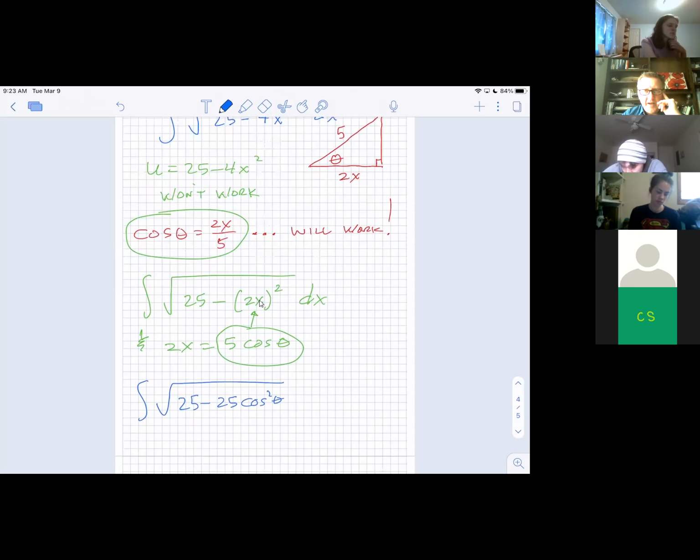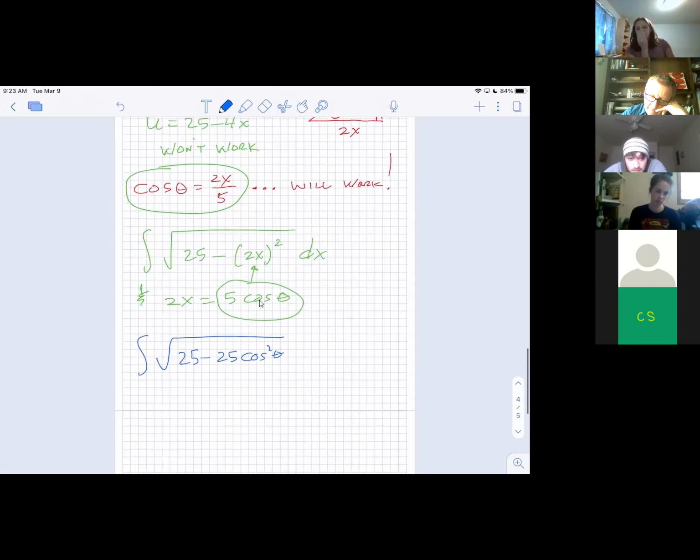What's happening is exactly what happened in the last problem. Now I can take 25 out of both of them. What's left behind is 1 minus cosine squared. Hey, 1 minus cosine squared can be rewritten as sine squared. Now there's no minus sign, and I can take the square root of sine squared, and that's sine. And so that's where this is going. We'll slow down and get there. But notice you're not done.